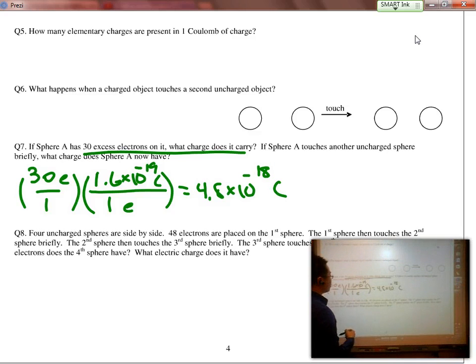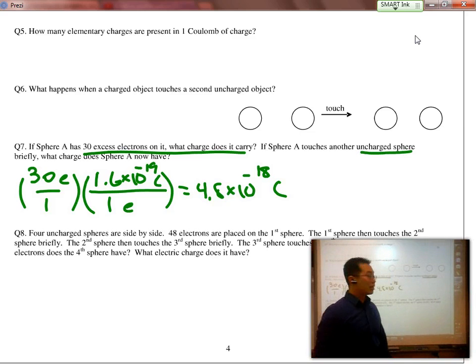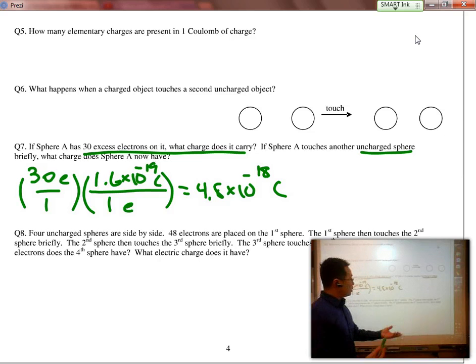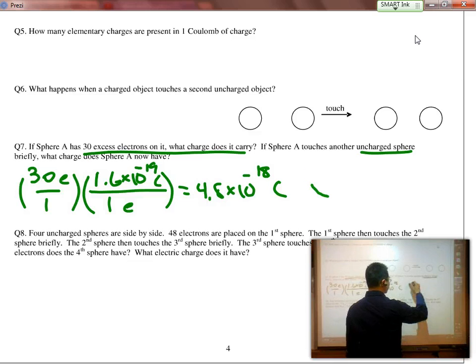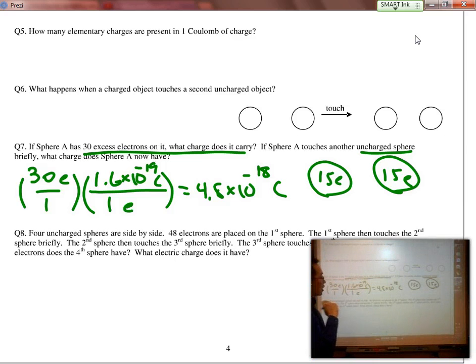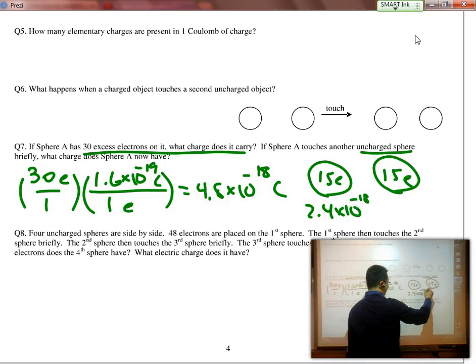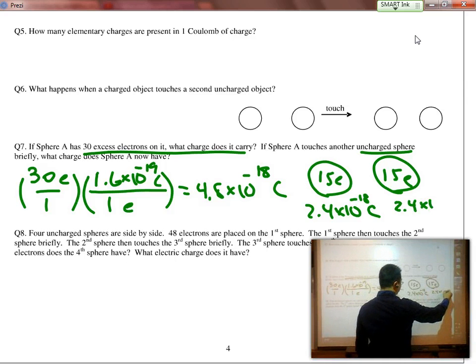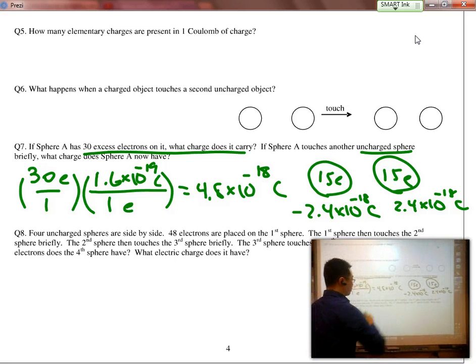And if you touch another uncharged sphere briefly, assuming it's the exact same size, then it's going to split up its charge and give some to the other one. So then each sphere would each have 15 extra electrons, and each sphere would have a total charge of 2.4 times 10 to the negative 18 coulombs. Negative, of course, because you have extra electrons.